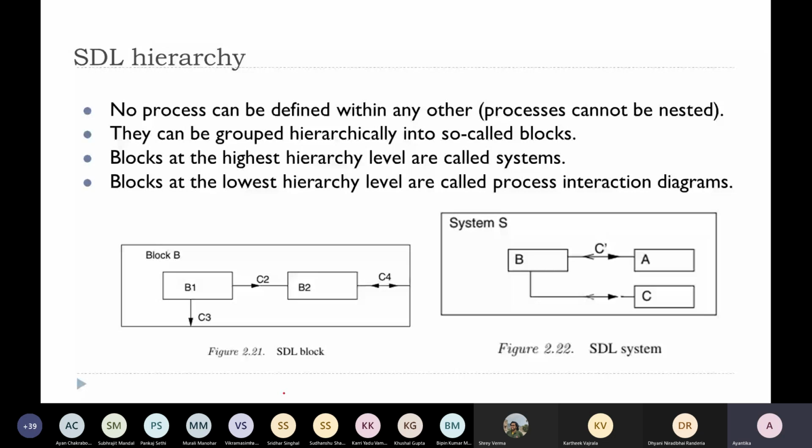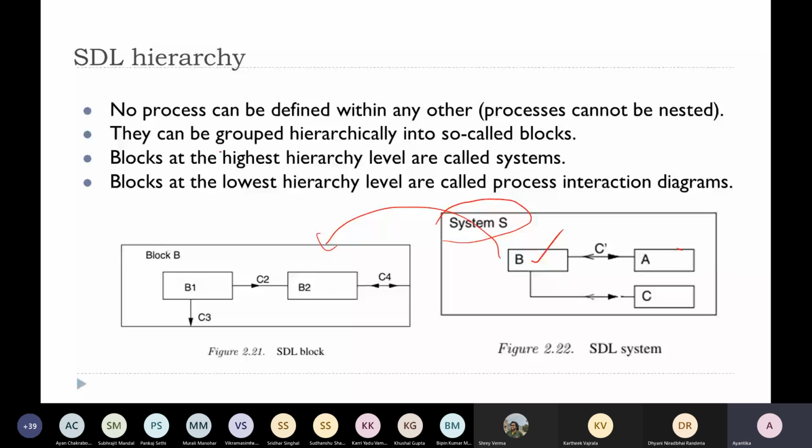Within that big process, you may consider different sub-processes, the sub-blocks, and based on that the hierarchy is considered. Whenever you are thinking about a system, you are thinking about different components or communication between different blocks. Now these blocks may be a single isolated process, or can again be divided into sub-blocks or sub-processes.